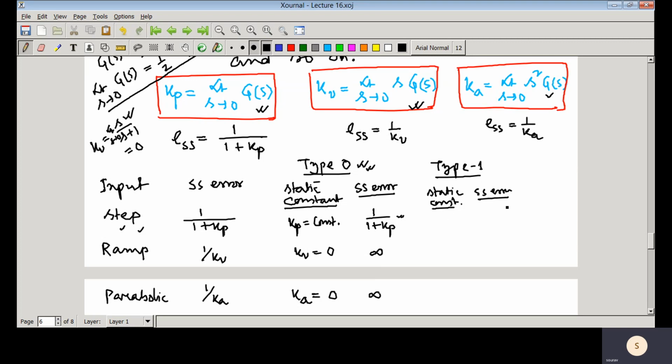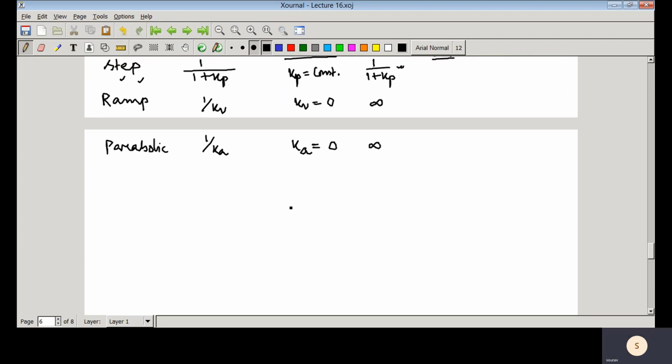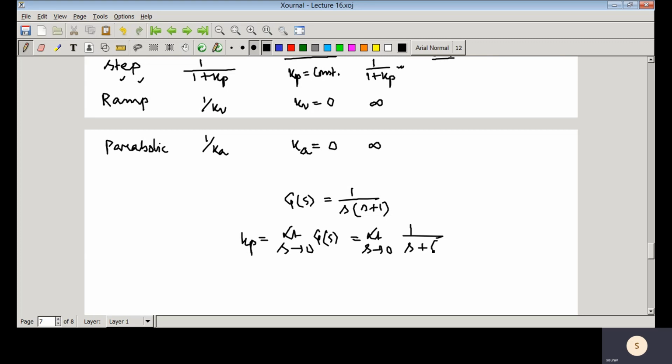You can see whenever it is a type 1 system, so type 1 system means, suppose G(s) equals 1 by s(s plus 1), that is a type 1 system. So now limit s tends to 0 of G(s), that is Kp. So we can see here that limit s tends to 0 of 1 by s(s plus 1) is equal to infinite.